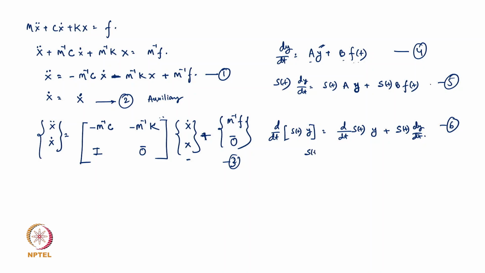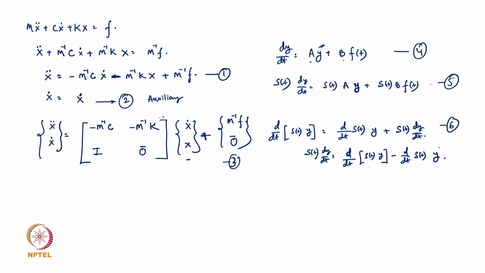That this last term S of t dy/dt should be equal to d/dt of (S of t y) minus d/dt of S of t into y. Do you understand the difference between these two? One is the d/dt on top of S only, and another is d/dt on top of S into y. Both.